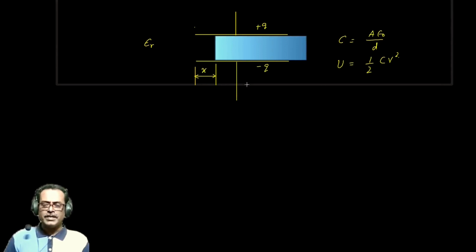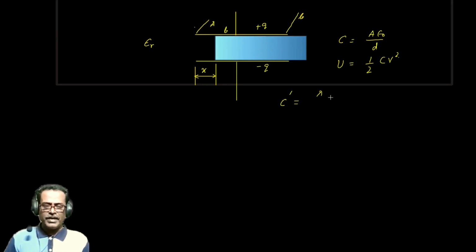Now the resultant capacitance of the capacitor is C dash. We know that area of this plate A is equal to length into breadth. Breadth remains constant, but for length, a part is evacuated and another part still has dielectric medium. So we can consider two capacitors connected in parallel.